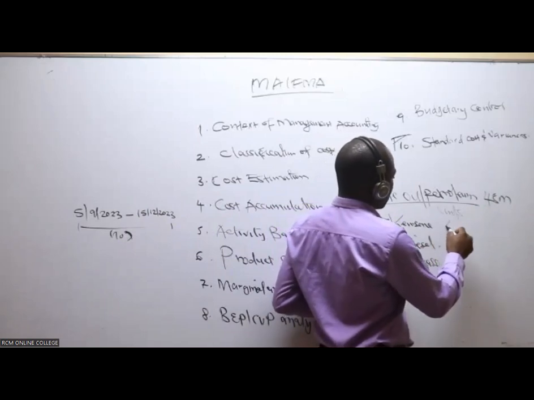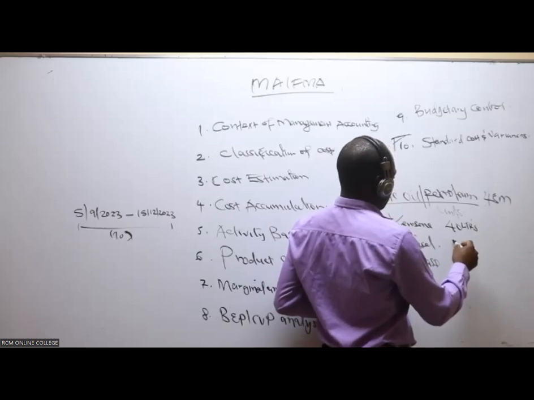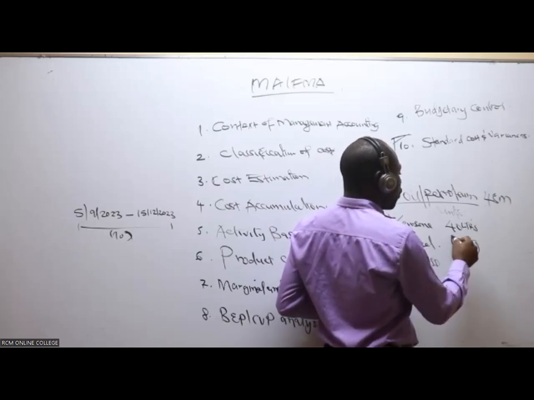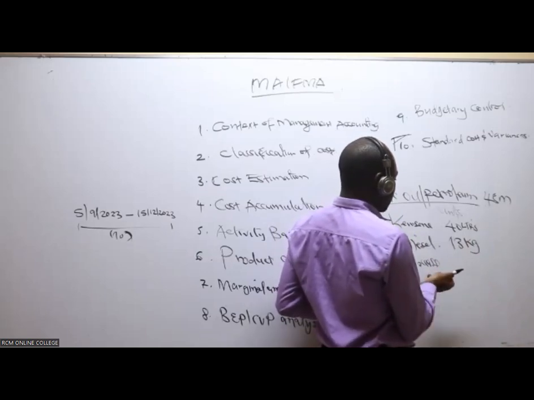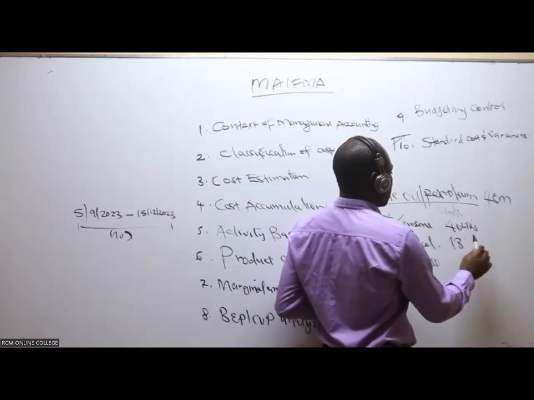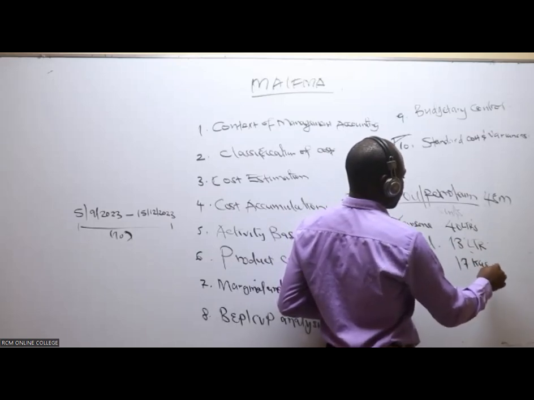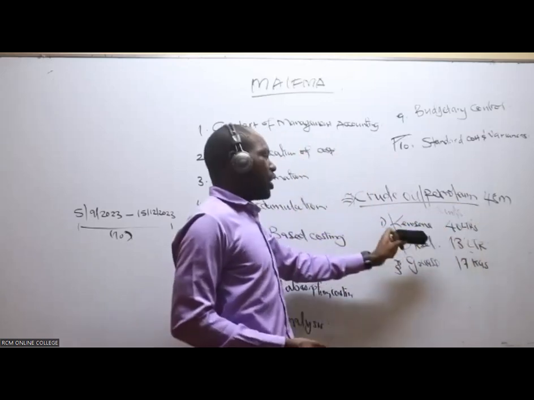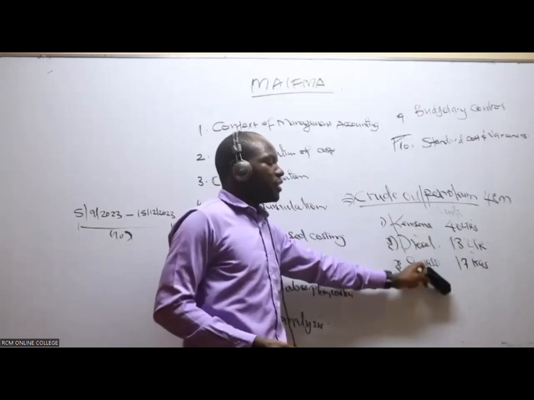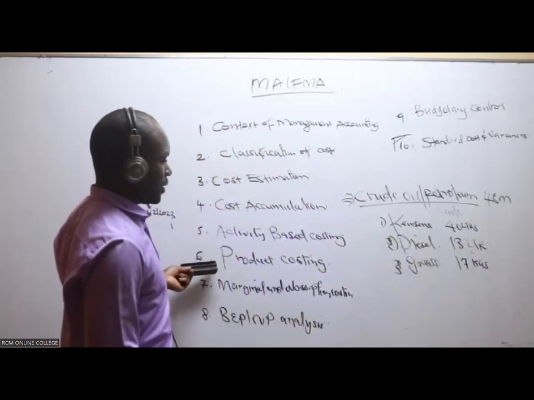I have this one at 40 liters, I have maybe 13 kg, so again we have different units of measure. This one here is liters, then grease is 17 kgs. How will I share this cost amongst these products when they have different quantities and even different units of measure? We will understand that when we get to topic number 6.